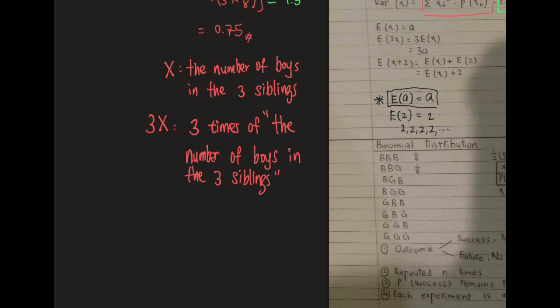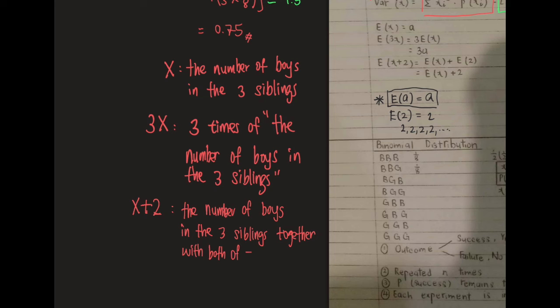It is the number of boys in the 3 siblings together with both of their parents, the father and mother.